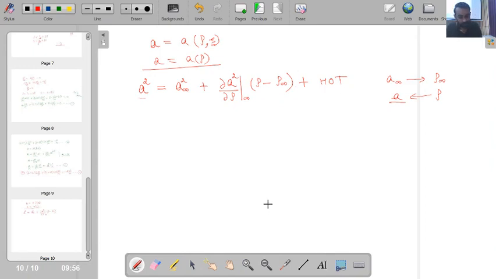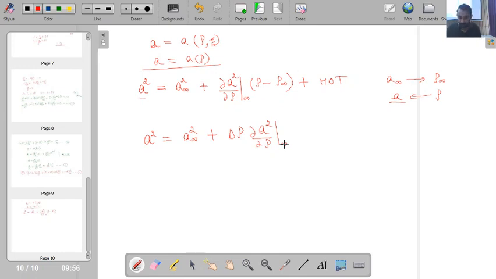So from here I can say that A square will be equal to A infinity square plus delta rho times del of A square by del rho, defined at infinity.